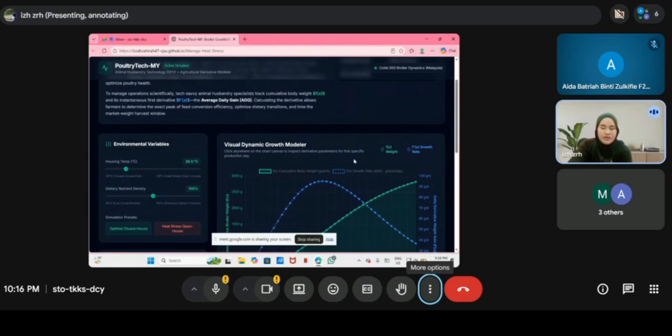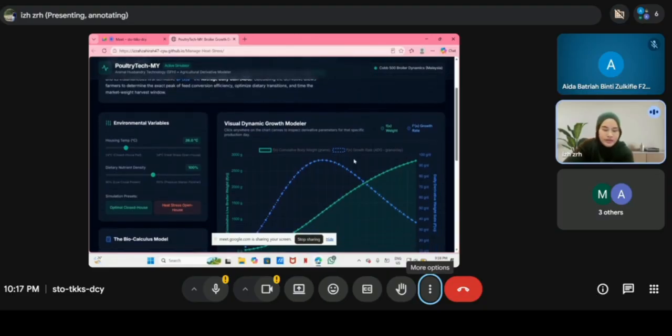The active mathematical constants built into the model, asymptote A, scaling B, and growth rate, dynamically adjust based on environmental variables. This allows the user to see the immediate mathematical impact of environmental change on the animal's biology.